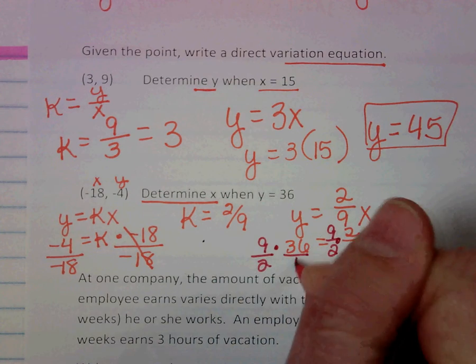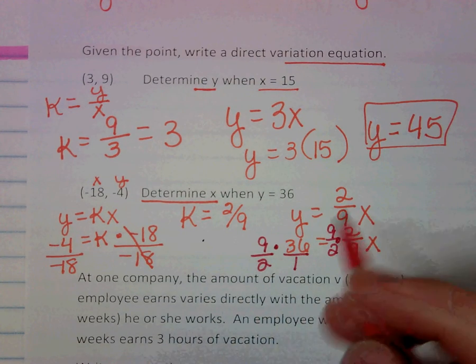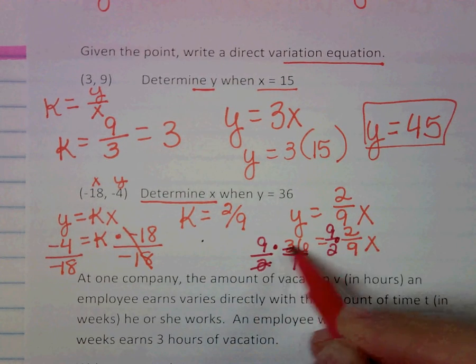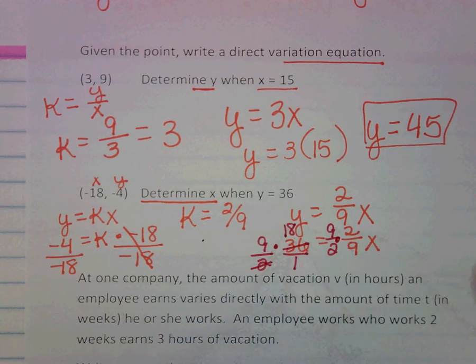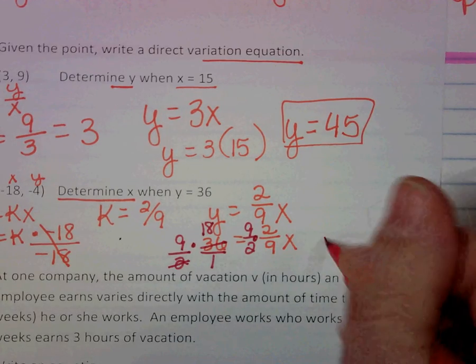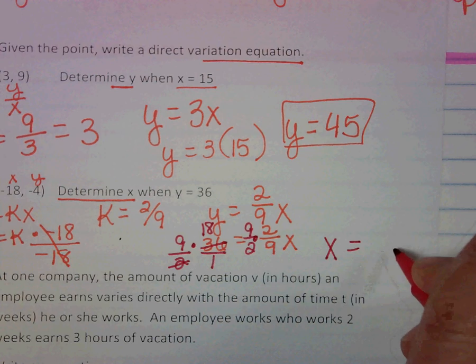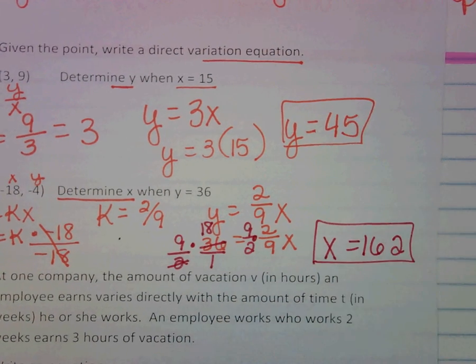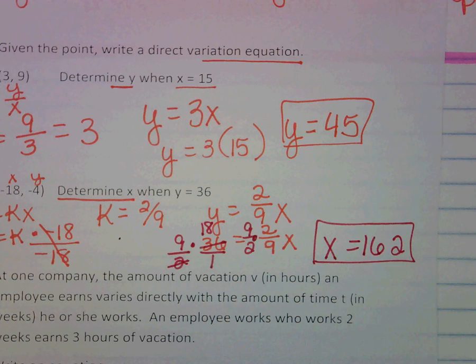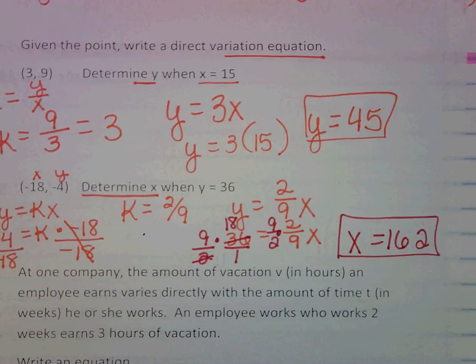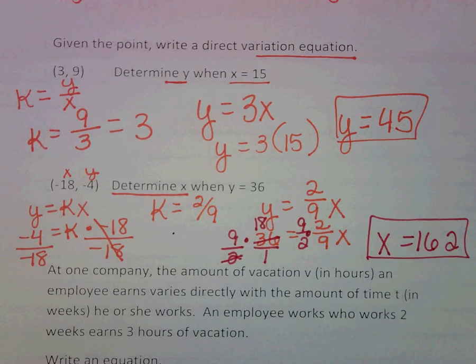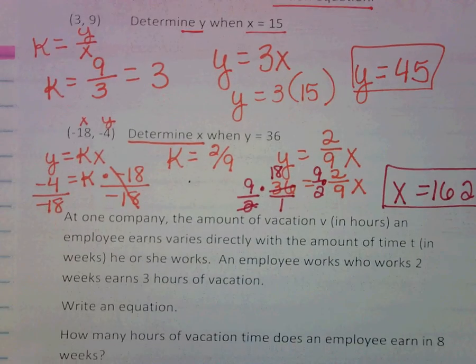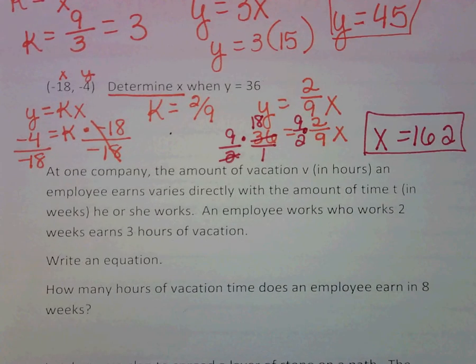And I want to encourage you, some of you are forgetting about fractions. Remember that you can do some reducing to make this easier. And so x would equal 162. Okay. Remember, at any point, if I'm going too fast, pause your video and make sure you have everything written down. Okay, so let's look at some word problems now.